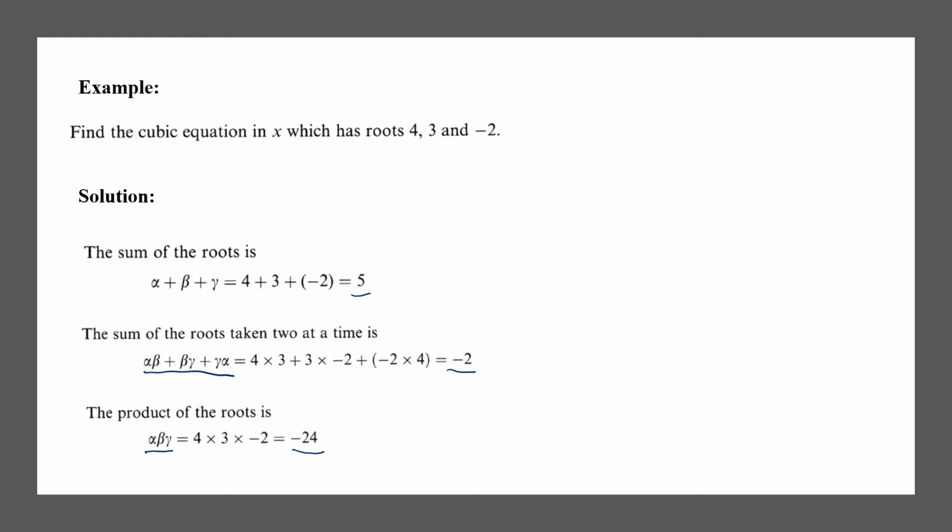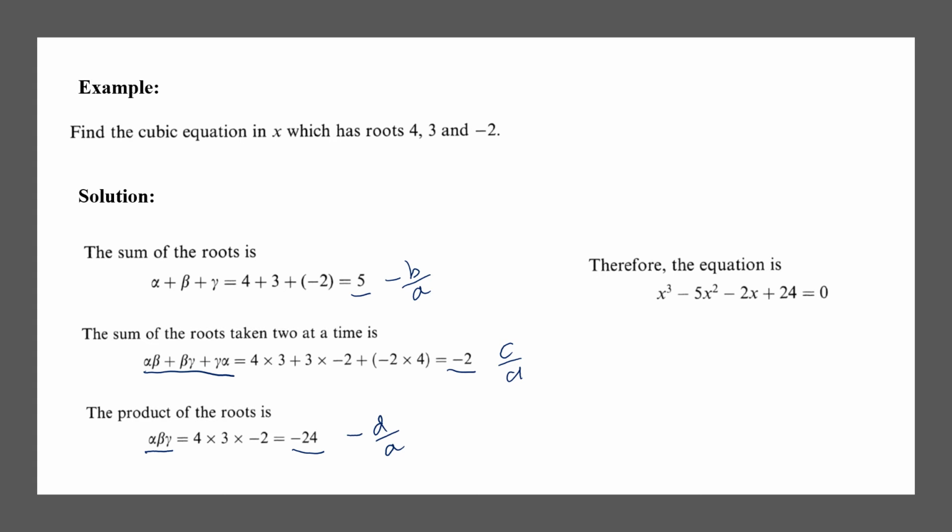So now we can write the equation. The equation that we are looking for is x cubed minus 5x squared minus 2x plus 24. If you remember, this is minus b by a, this is c by a, and this is minus d by a.